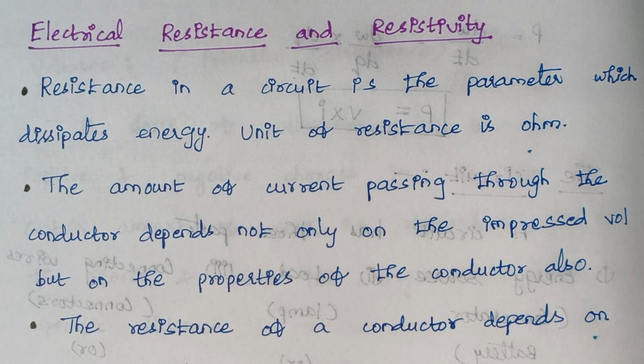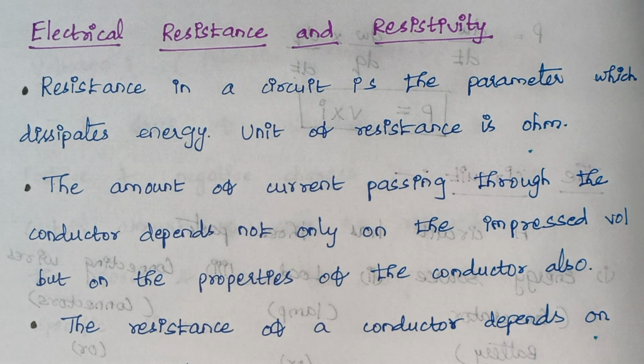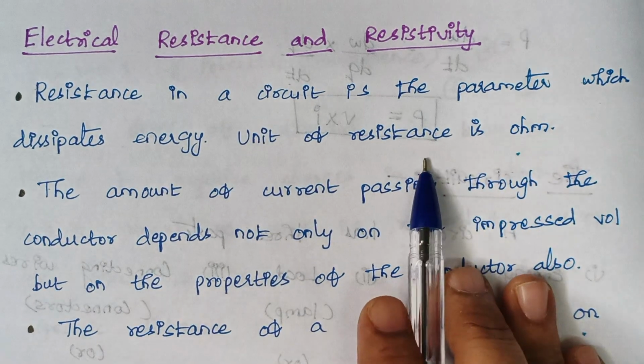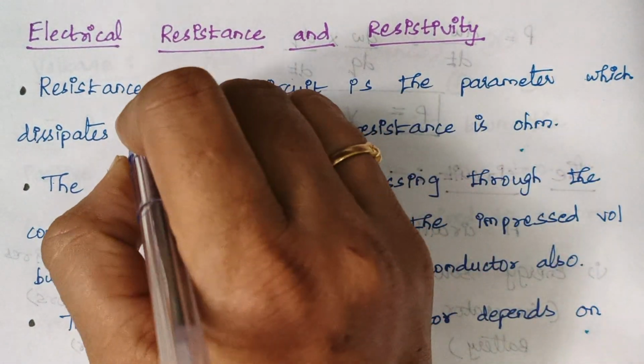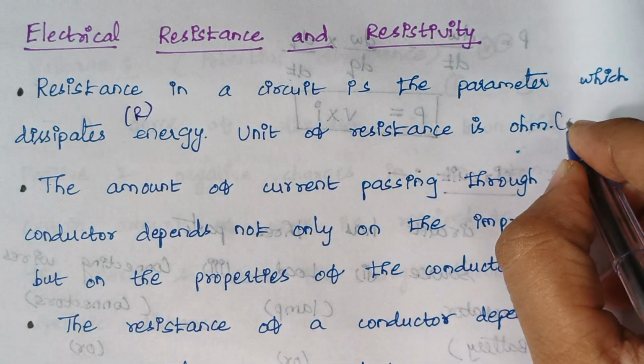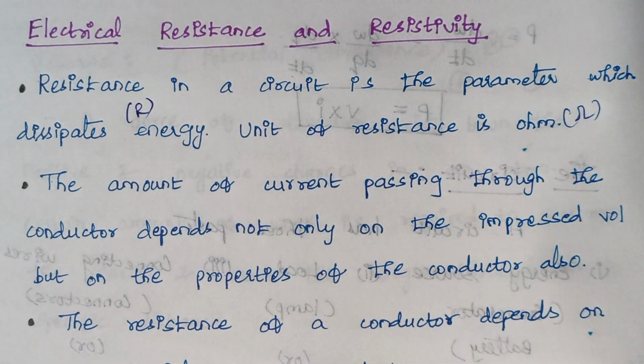Since it is opposing the flow of current through it, it dissipates heat. And here the unit of resistance is ohm. It is generally denoted as R, and the resistance unit is ohm. It is denoted by this symbol.